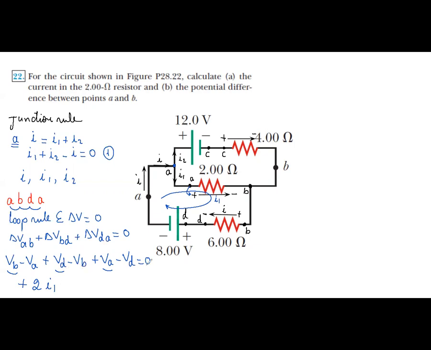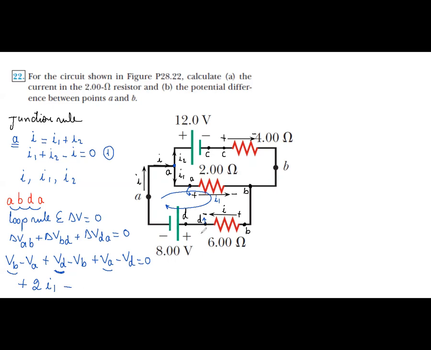Then VD minus VB: between B and D, we go from B to D. VD is at the negative side, so we put minus.